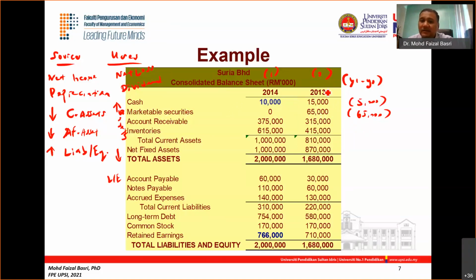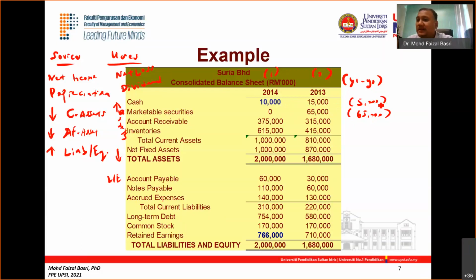Basically, in 2013 we had 65,000 of marketable securities, but the following year it dropped to zero, so it reduced by 65,000. Similar to cash: in 2013 they had 15,000, but it reduced by 5,000 in 2014 to 10,000 only. So that's what these negative values mean. They dropped by this amount.